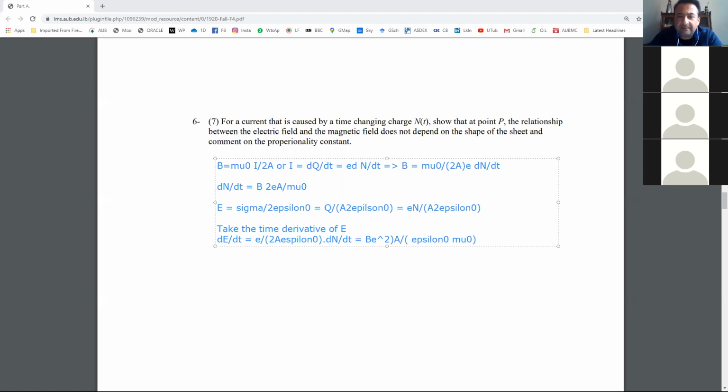I'm going to have a 2 here, 2A, and here I used to have 2A. The 2A will go away, and this 2A will go away. And you can clearly see that the relationship between dE over dt is equal to B multiplied by e squared, if I'm not mistaken.